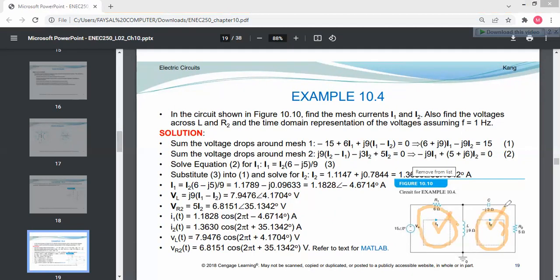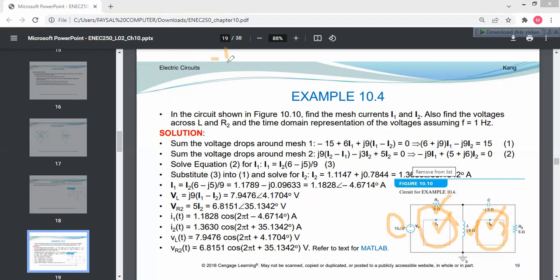So it will be minus 15 plus this first value, plus J6 I1, plus the value of impedance, that is J9, with the difference I1 minus I2. So I have to write the first equation.